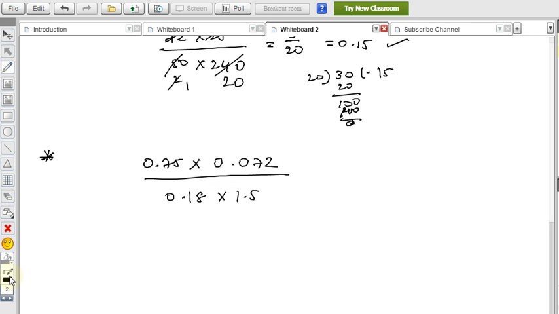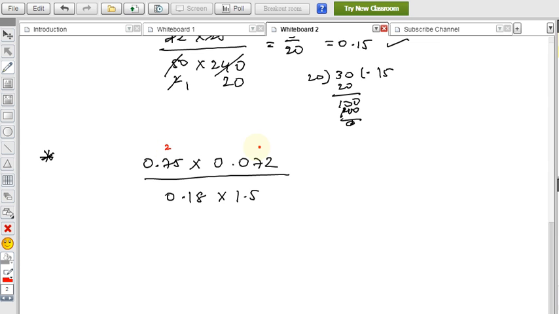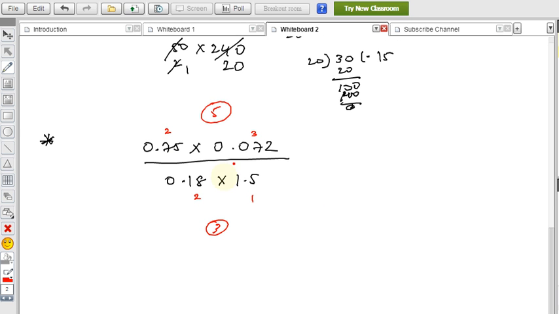If you observe the number of digits after the decimal, here is 2, here is 3, here 2, 1. So the total is 5 above, here is 3 below. Now we can arrange extra 2 zeros. So I am keeping 1 zero here, 1 zero here.